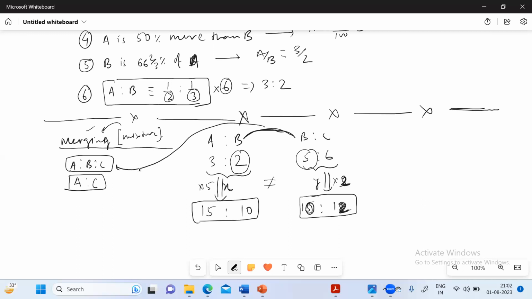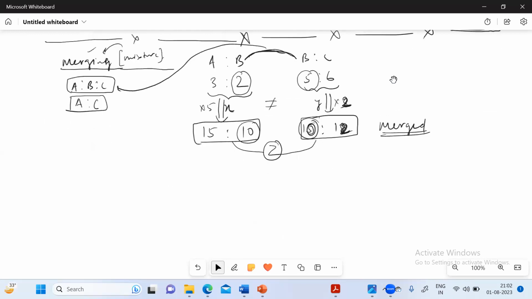So after doing this, what do we see here is that the value of B at both places is 10. So now we can confidently say that the multiplier of these two ratios is the same, which is Z. And now this ratio has been merged. This is the situation where we say the ratio is merged.